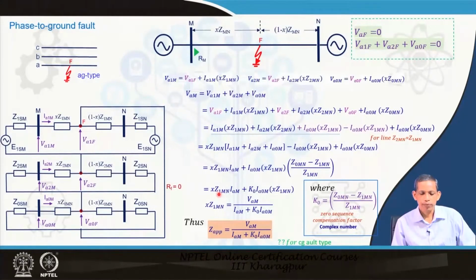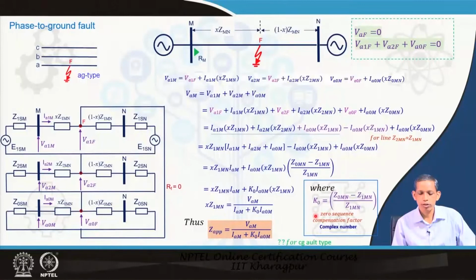Therefore, we see here that x Z1Mn IAM plus we define a term K0 I0M x Z1Mn, where K0 is defined as Z0Mn minus Z1Mn divided by Z1Mn. This is called the zero sequence compensation factor, a complex number, because Z0 and Z1 are complex numbers.